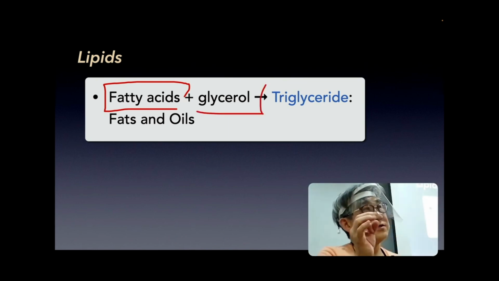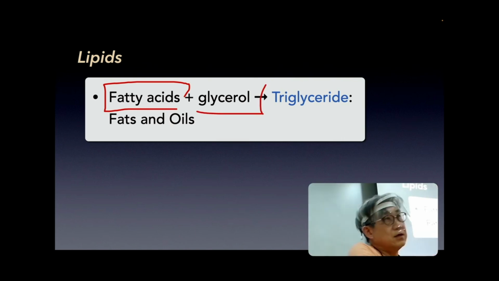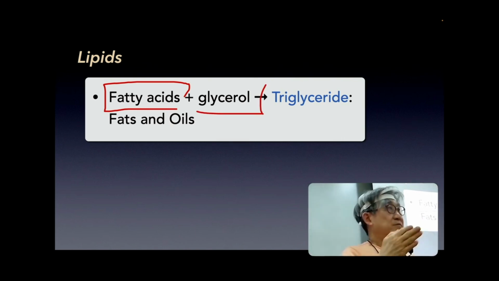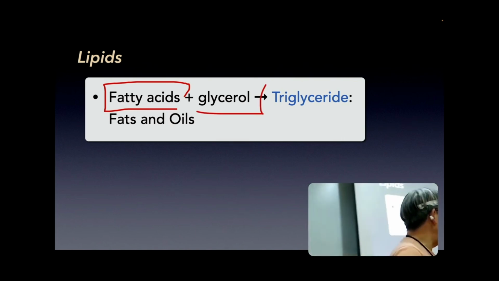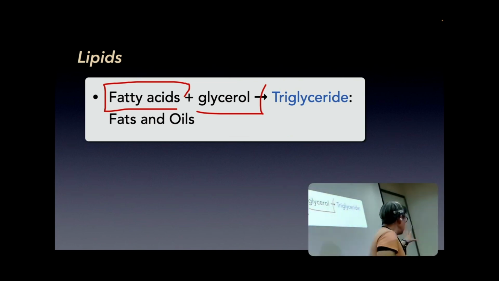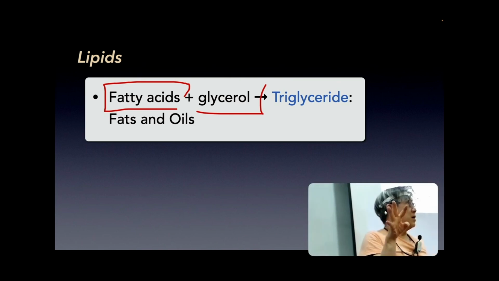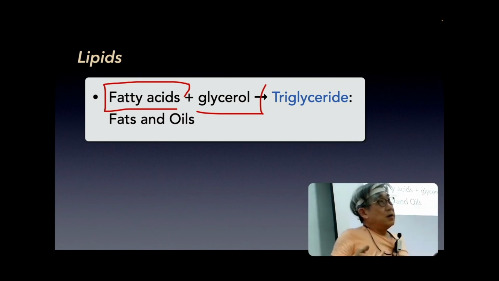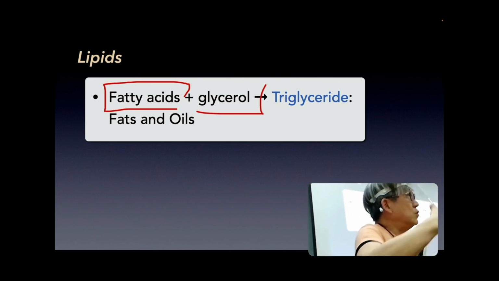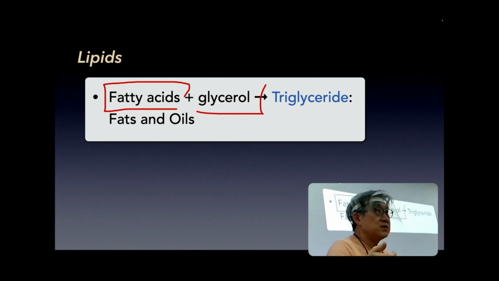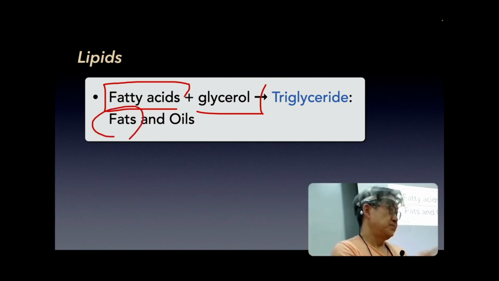Glycerol is a type of alcohol, and here it serves as an adapter. So we can think of the electrical wallet unit having three plugs in it. Each plug, each small cord of fatty acid, can be plugged in. Then you have one single unit of fat.